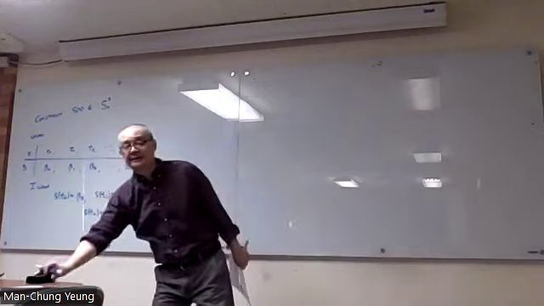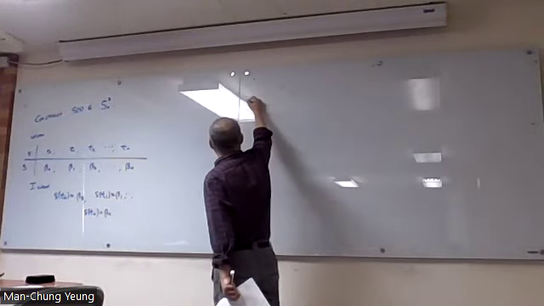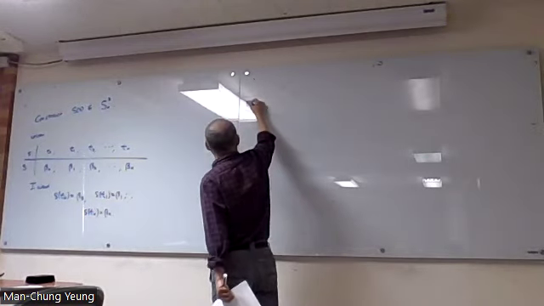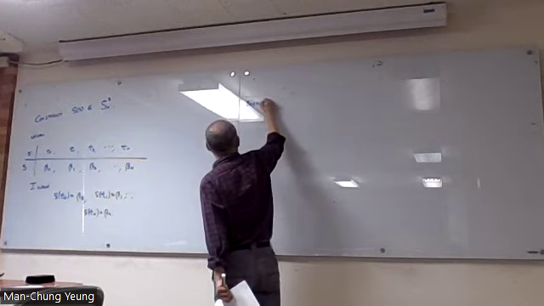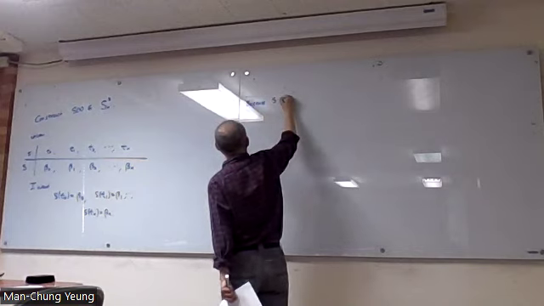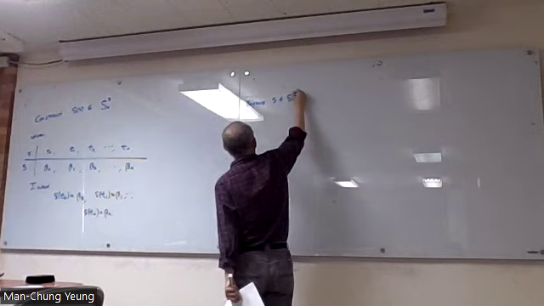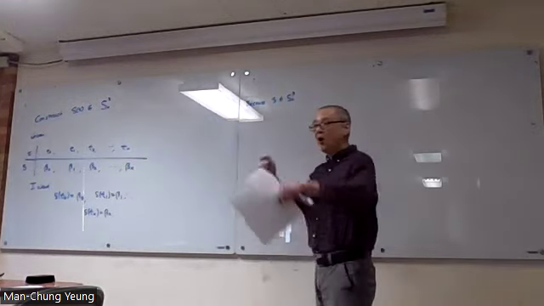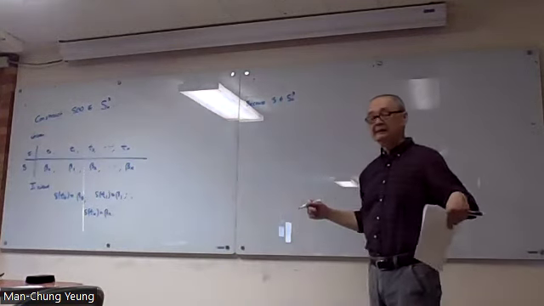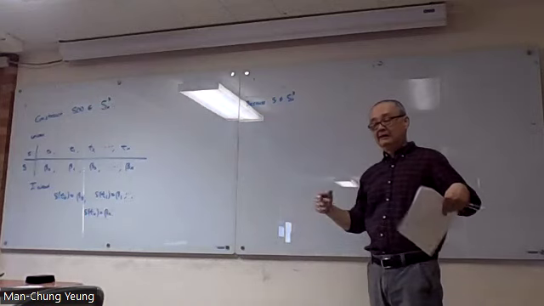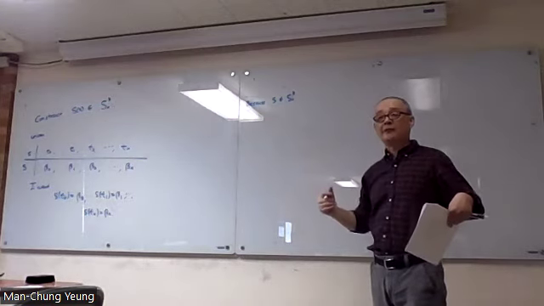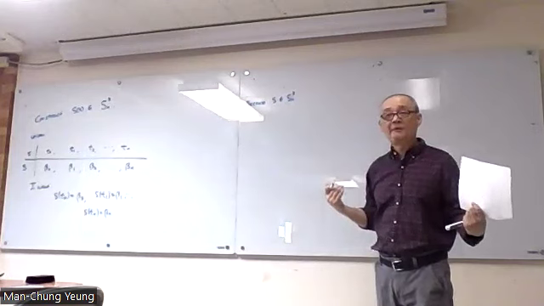Because S is a cubic spline, over each subinterval it is a polynomial of degree 3.